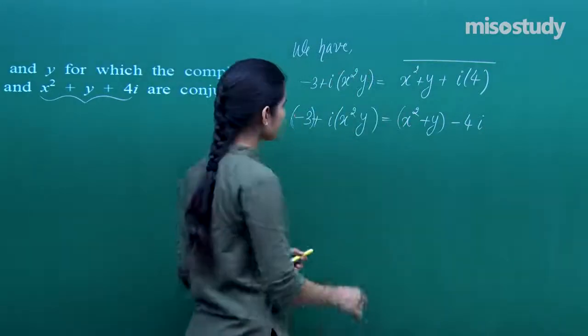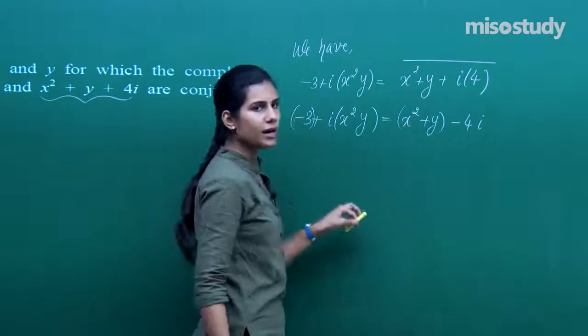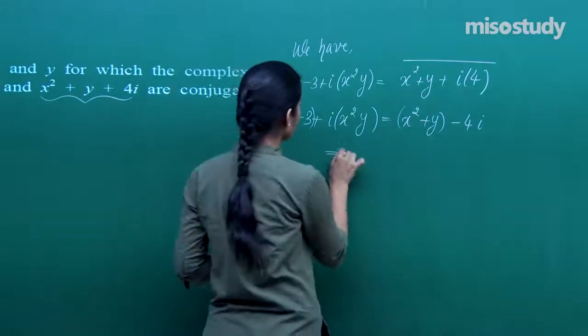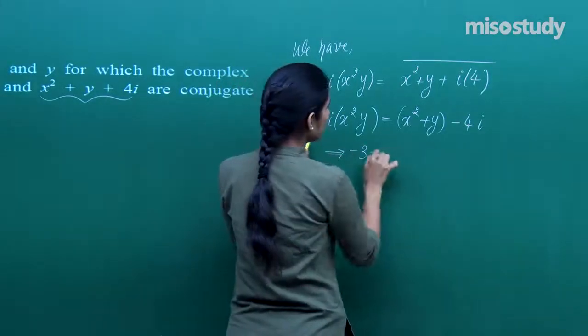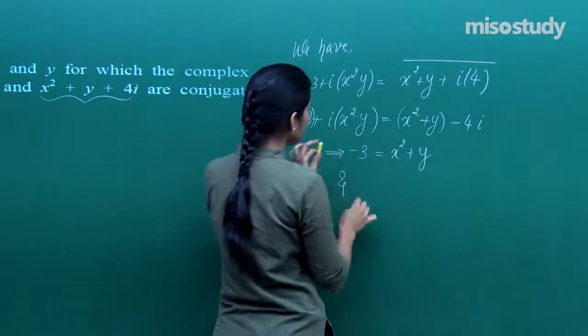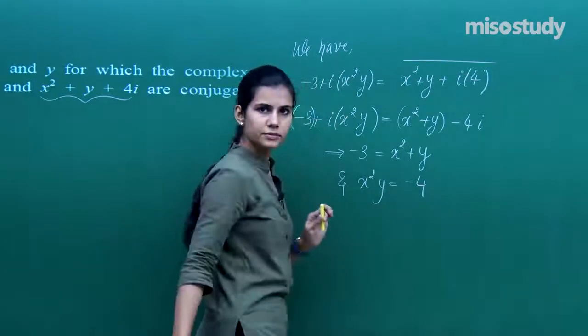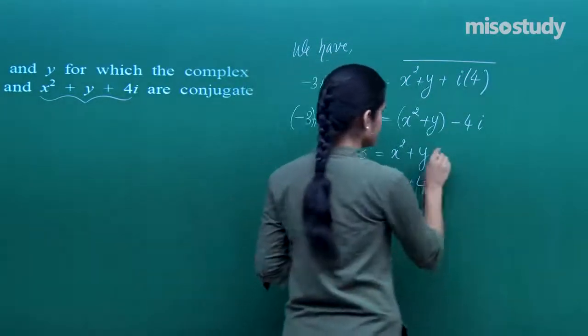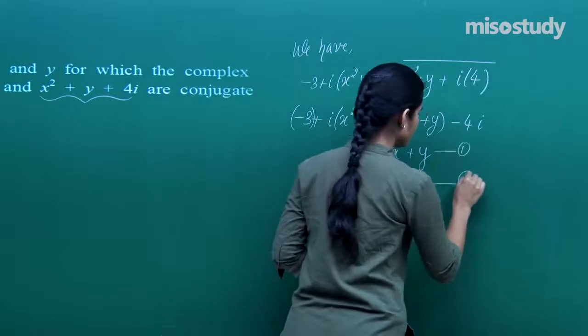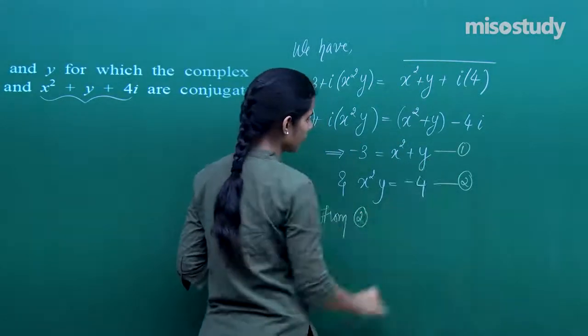Now these are two complex numbers which are equal, that means their real parts are same and imaginary parts are same. Real part of this is minus 3, this is x square plus y, and imaginary parts are also same, x square y equals minus 4. Say this is 1, this is 2. Both are holding.